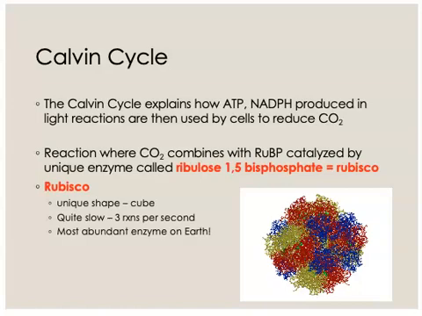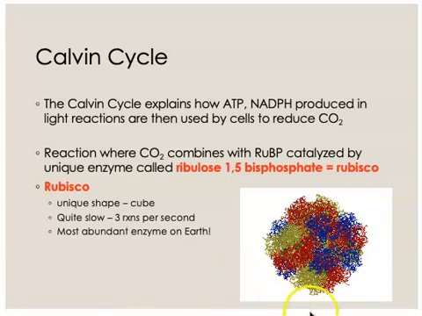That first fixation reaction where carbon dioxide combines with RUBP, it's an unusual reaction. RUBP is an unusual molecule. So there's a particular enzyme that does this work. And this enzyme is called ribulose 1,5-bisphosphate carboxylase, and it goes by sort of a nickname of Rubisco.